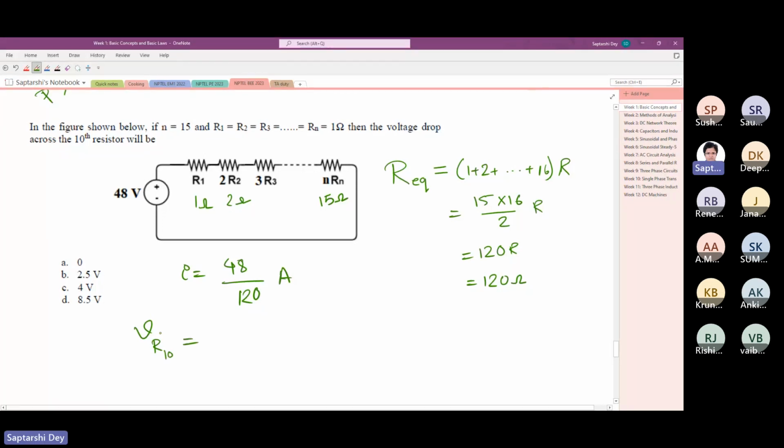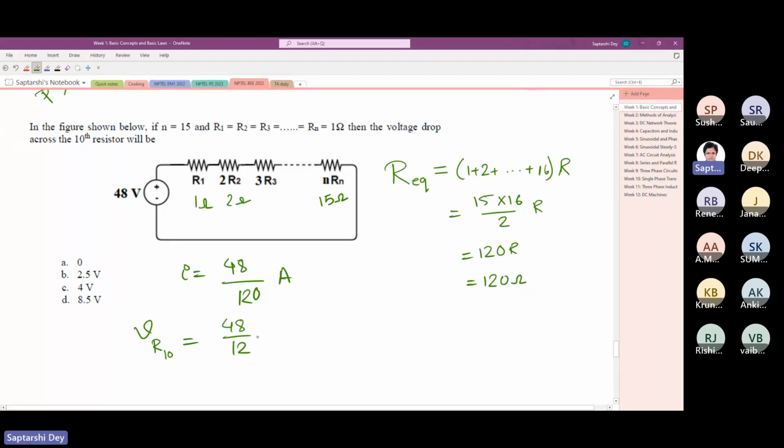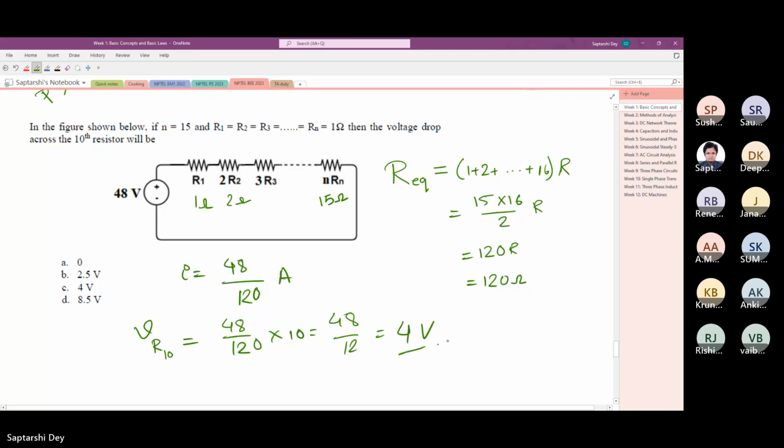What is the value of R10? R10 is 10. So 48 by 120 into 10, that is 4 volt. Right? Yes, sir. Okay.